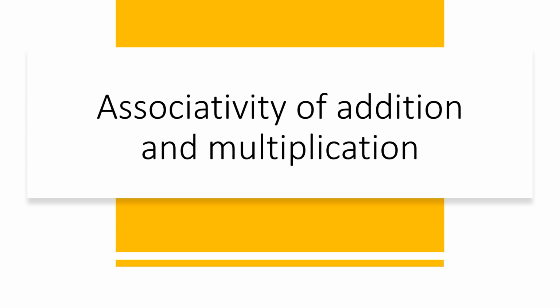Association. That is, if 3 people are there. Let me take 3 people: A, B and C. Think of all 3 as friends. So what happens? A plus B were sitting and talking in the park.